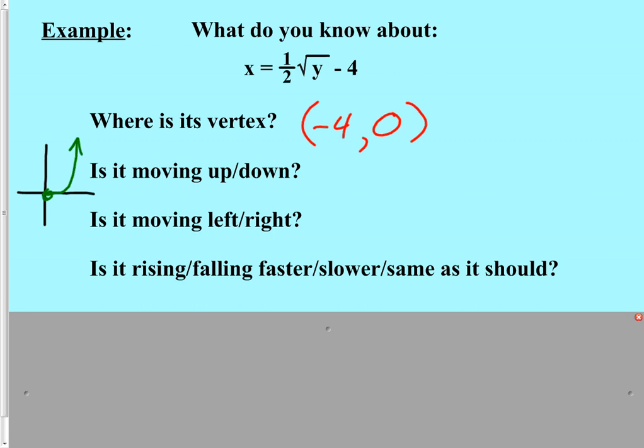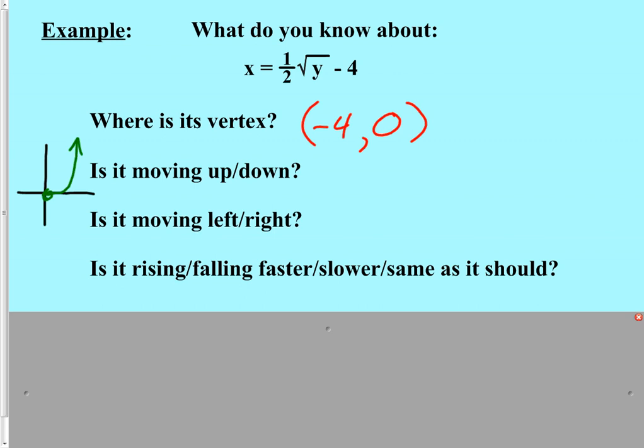So let's see what this one is now doing. Is it moving upwards or downwards? Well, the up or down idea was associated with the non-inverse, with the sign of the entire square root function.